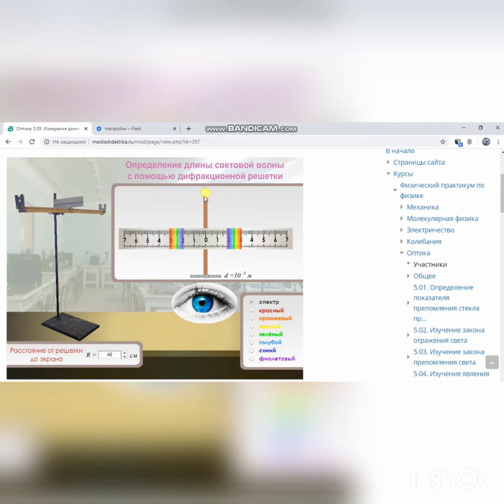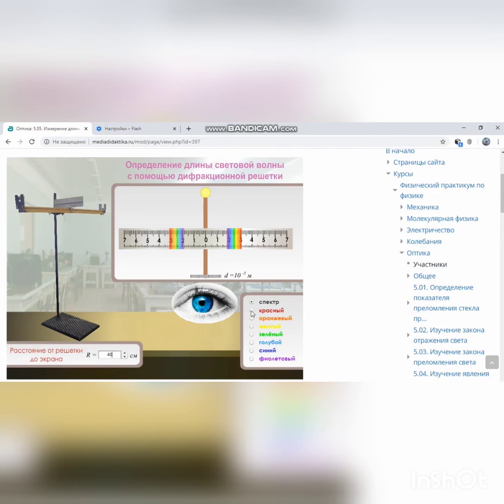In conclusion, I see that the red wavelength is the longest wavelength, and the violet wavelength is the shortest wavelength among the colors in the spectrum. And we take the red, for example, and the distance between the central band and the red spectrum is greater than the distance between the central band and the violet spectrum.